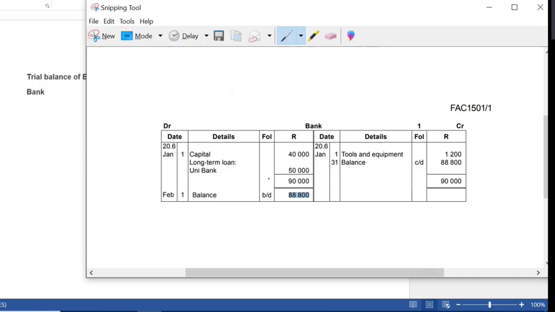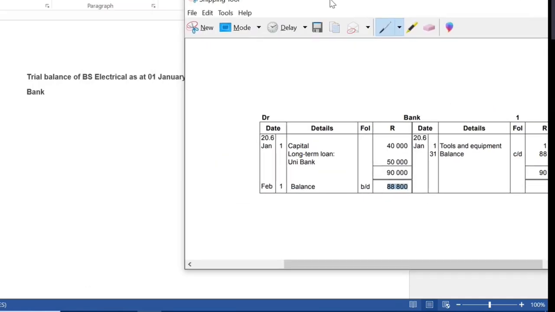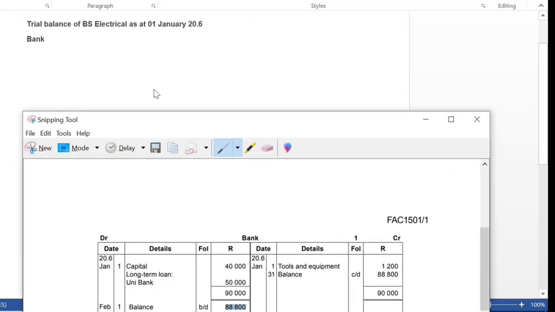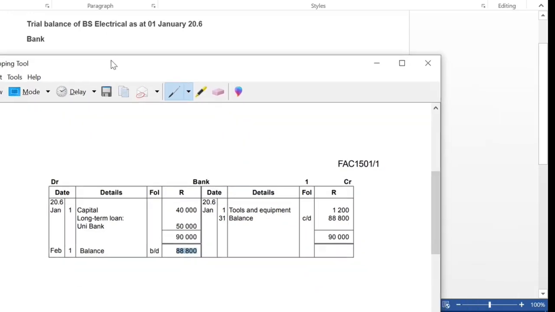So how is this general ledger having a balance of 8,800? I want to show you also how you balance a general ledger.